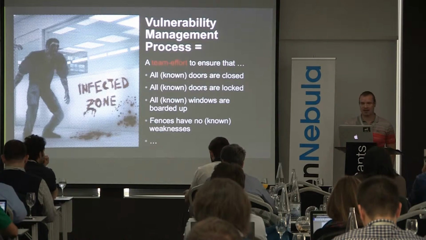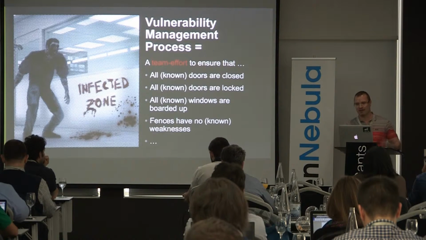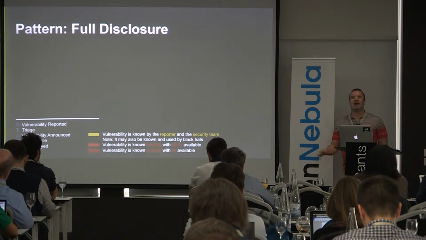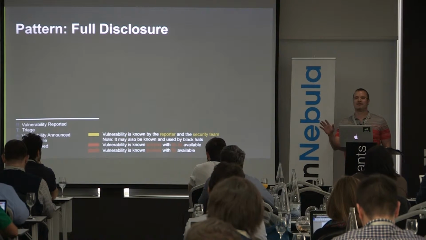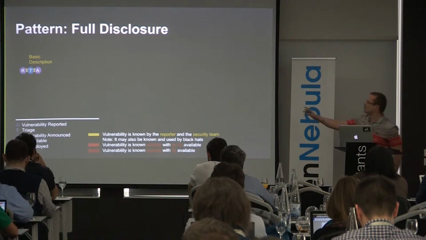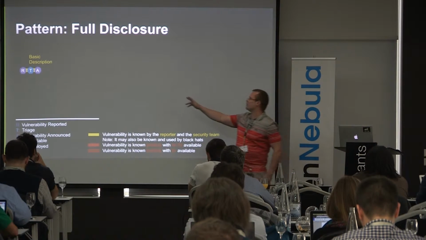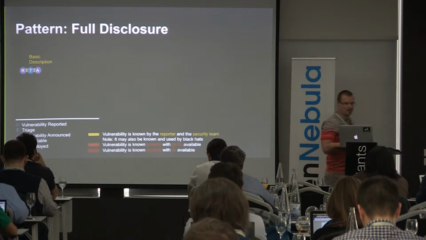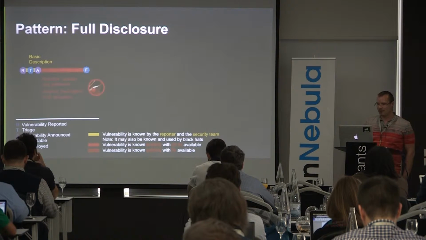So let's look at a few patterns, because I will need some of the terminology a little bit later. So the first pattern is full disclosure. Who doesn't know how this works? All right, so I'm going to zoom quickly over it. So very quickly, a bug gets reported, there's going to be some triage, and then it's going to be announced to the world.